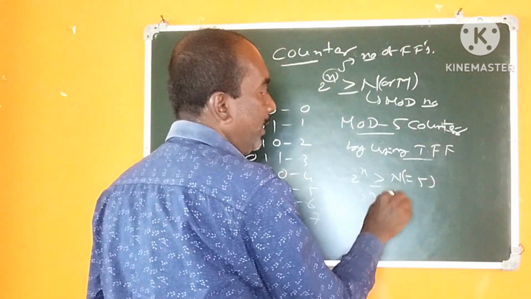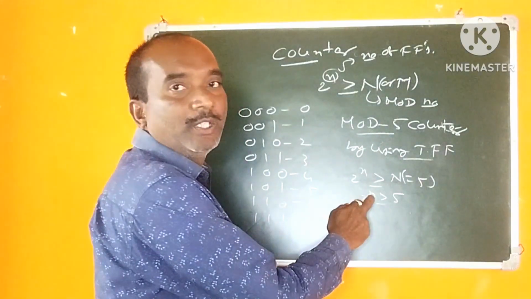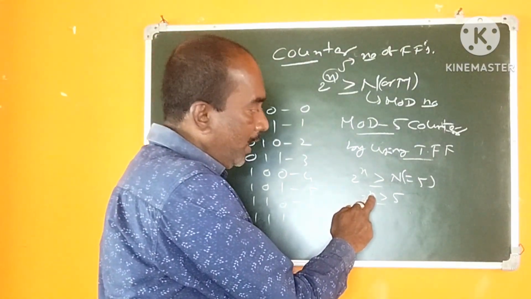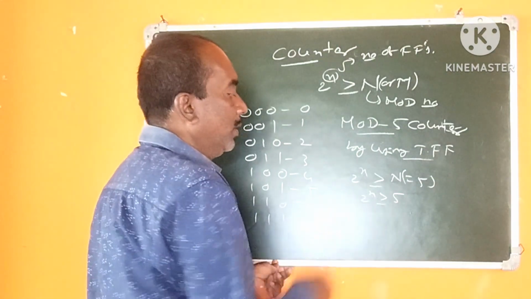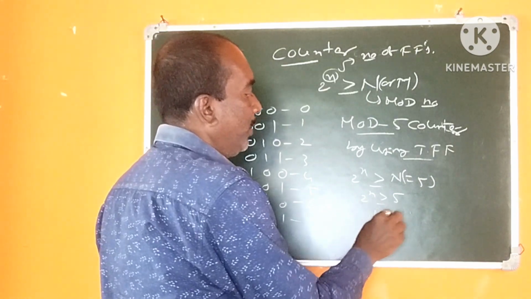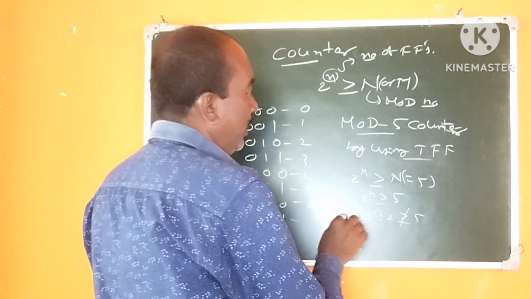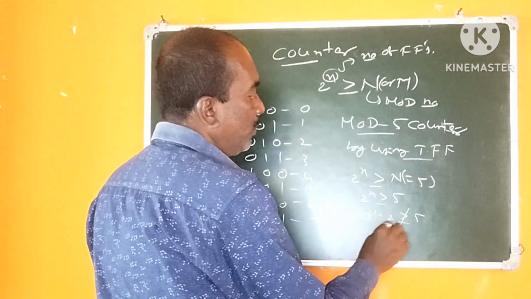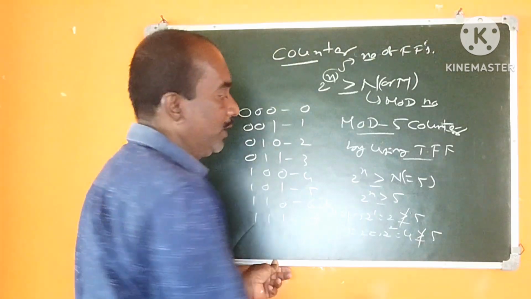That is 2 power n is greater than or equal to 5. So this small n can be replaced with numbers 1, 2, 3, 4, etc. For example, n equal to 1: 2 power 1 is 2, which is not greater than or equal to 5, so it is invalid. For n equal to 2, 2 squared is 4, which is not greater than or equal to 5, so it is also invalid.